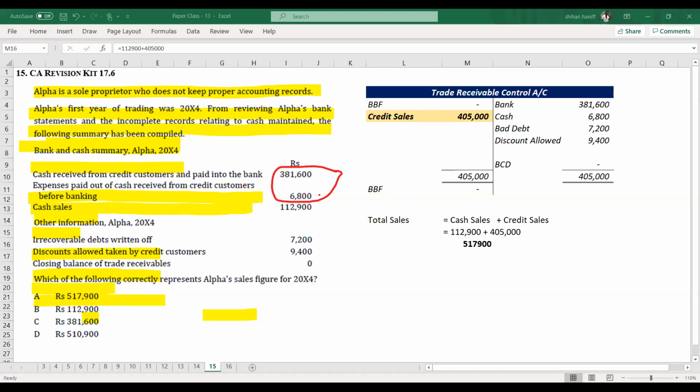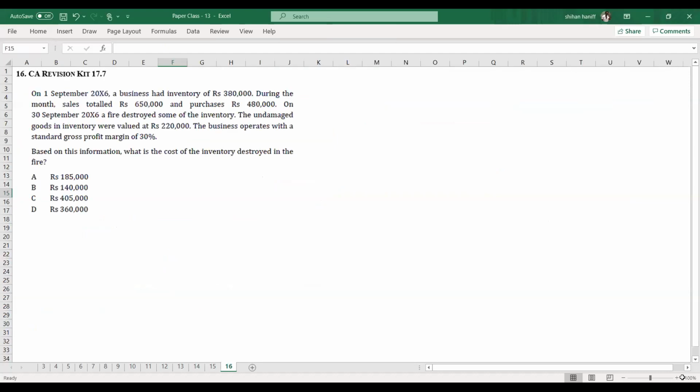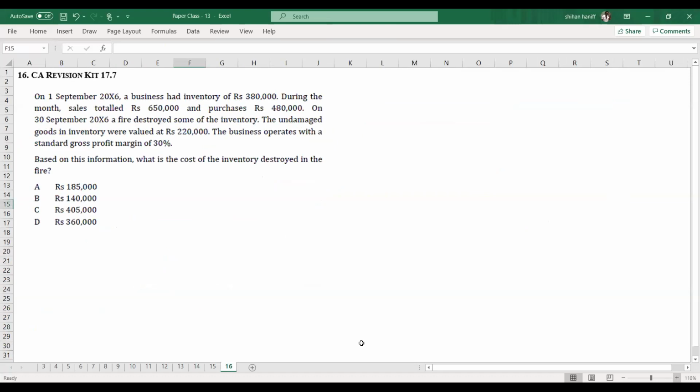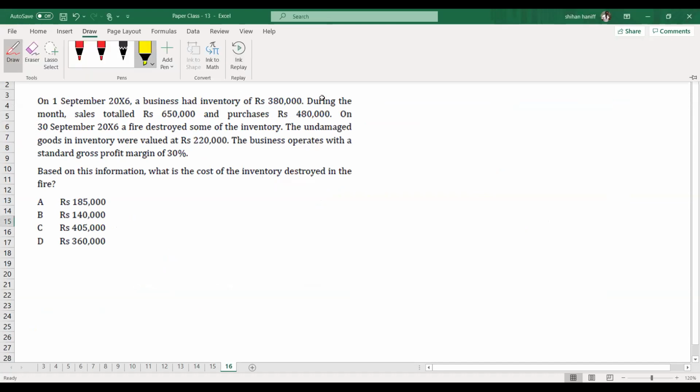Question number 16. On 1st of September 2006, a business had inventory of 380,000.